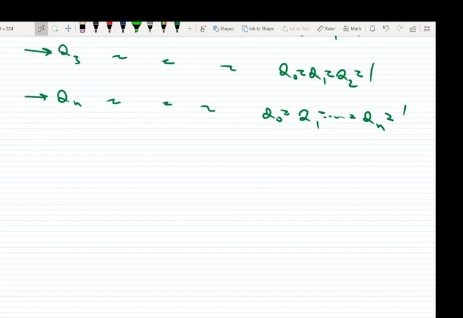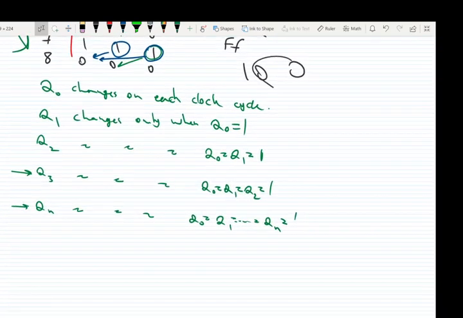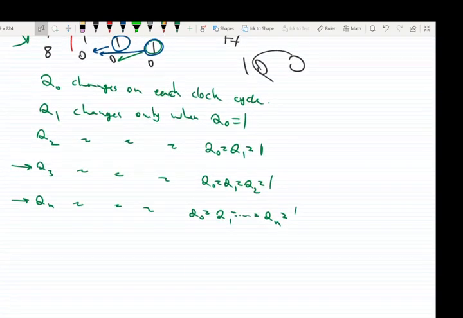We know that the T flip-flop changes the output when the input is 1. For this example, let's focus on a 3-bit counter.